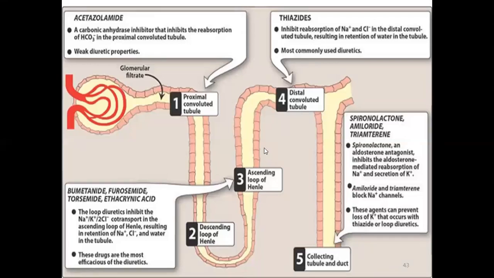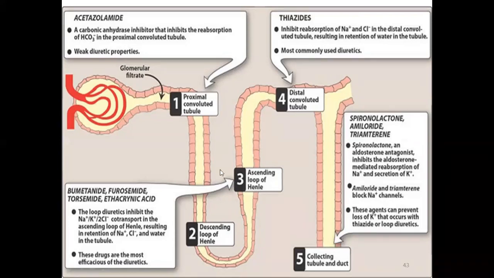Remember, when you block reabsorption of sodium in the ascending loop, a small amount of sodium and water can be reabsorbed in the distal renal tubule, and also in the collecting duct, but they are not very significant. They cannot significantly reabsorb what has been blocked in the ascending loop.